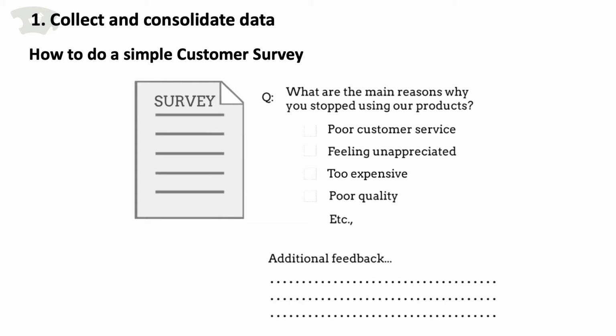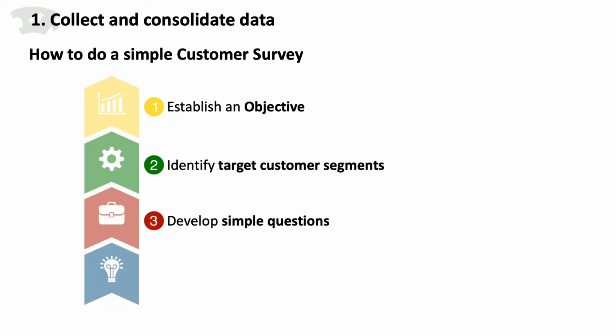Allow the customers to suggest what the business needs to do to win them back or retain them and keep them happy. This is very important. After the survey, take action. Incorporate the findings into the retention marketing strategy to improve customer engagement.